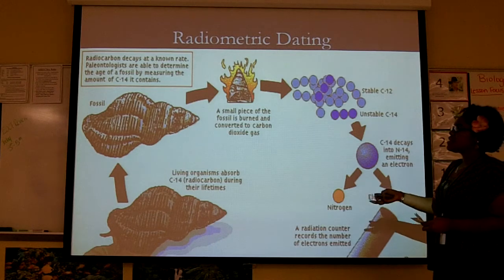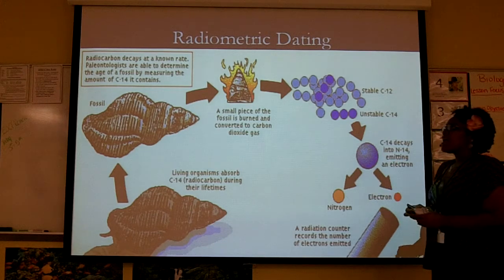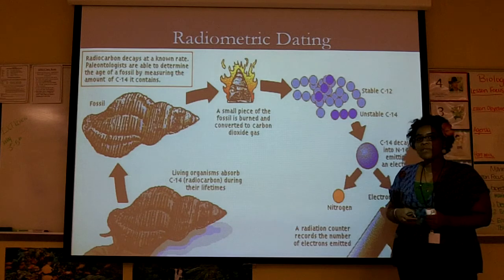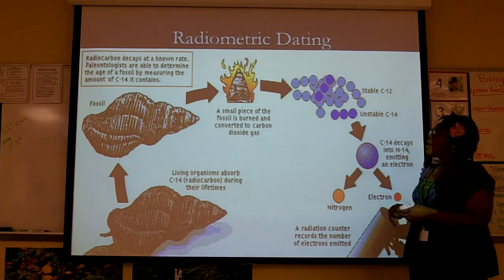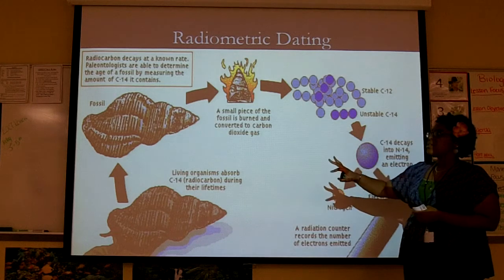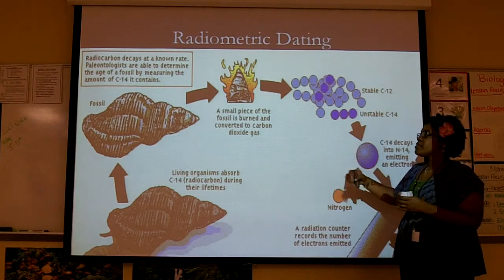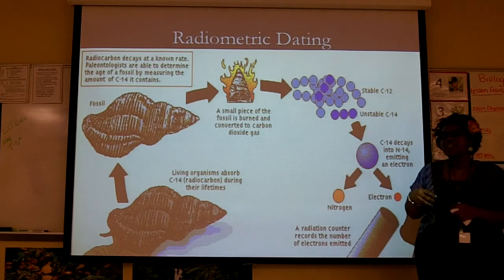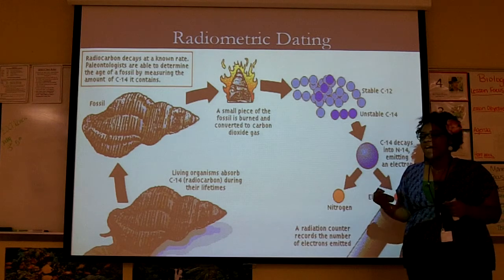So eventually that organism turns into a fossil, and radioactive carbon, C14, decays at a certain rate. Because we know that rate, paleontologists are able to date the fossil by measuring the amount of C14 it still contains, after the fact.